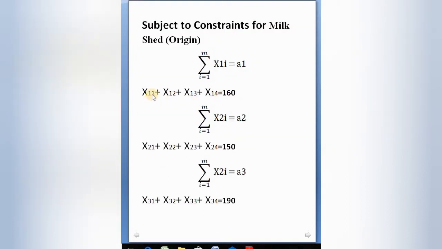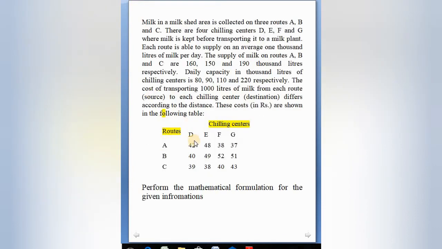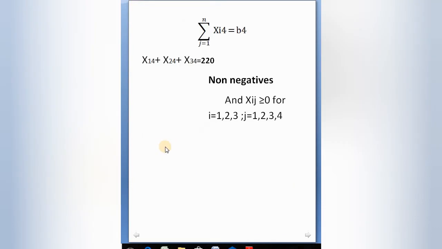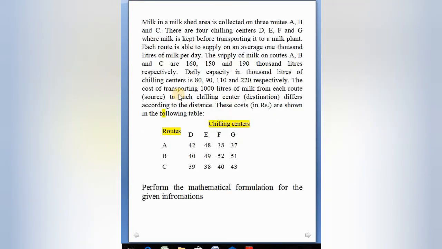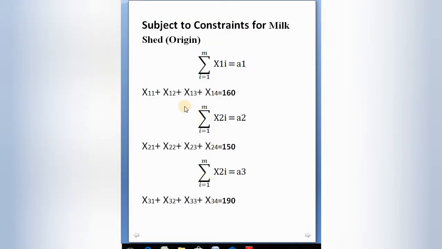Look at here, x11 means from route A to destination 1, x12 from route A to chilling center 2, and x13 from route A to chilling center 3, and x14 from route A to chilling center 4. 4 means G. So these are equal to the total capacity of source route A, that's 160.